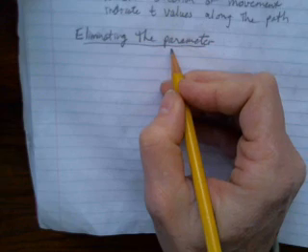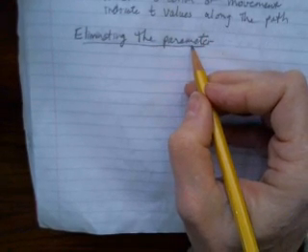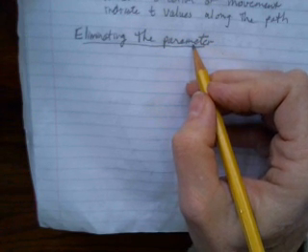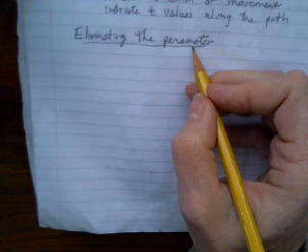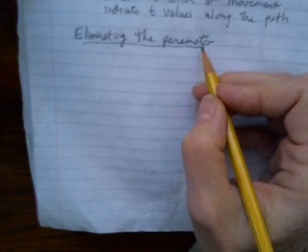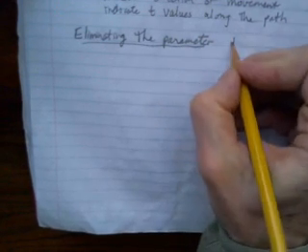If you remember, I said the parameter usually is t. So eliminating the parameter means just getting rid of the t value. And when we get rid of the t value, the result is a regular equation, a single equation in x and y.